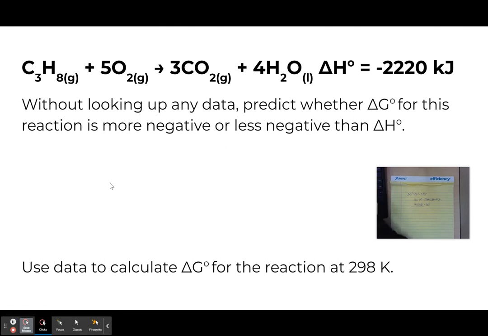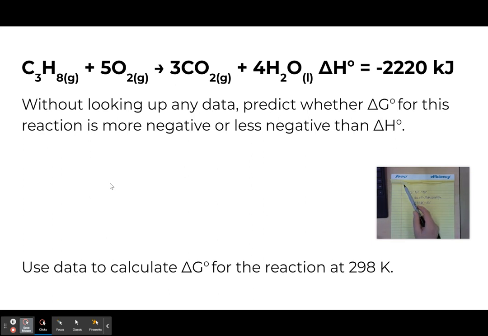Okay, so the way I'm thinking about this is, is our delta S term positive or negative? If our delta S is increasing entropy, if it's positive, when we subtract it, it will make delta G more negative. So these are all gaseous, so we're really going to go by number of moles. Oh, we do have some liquid. Oh, interesting. So we should compare really our moles of gas.